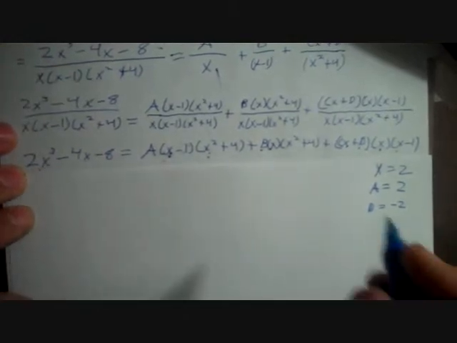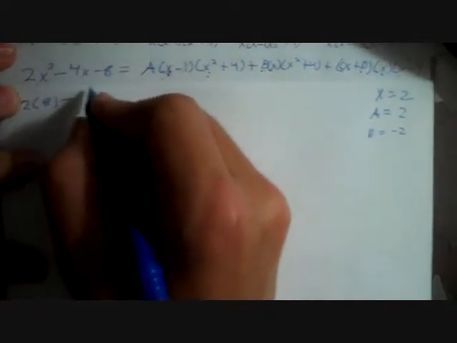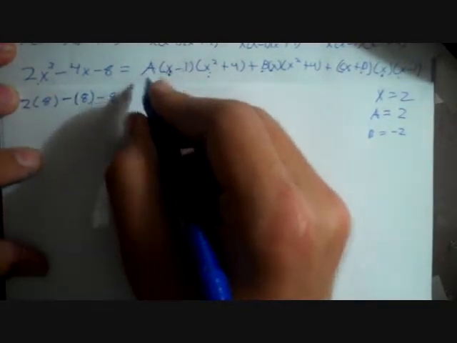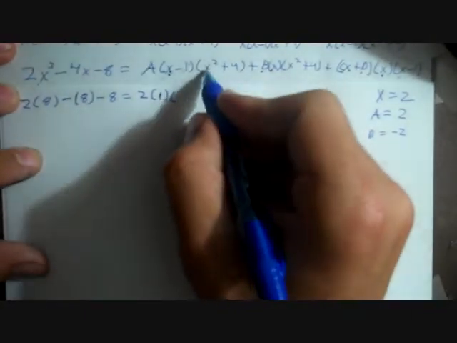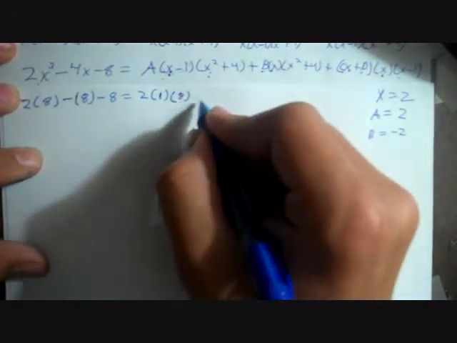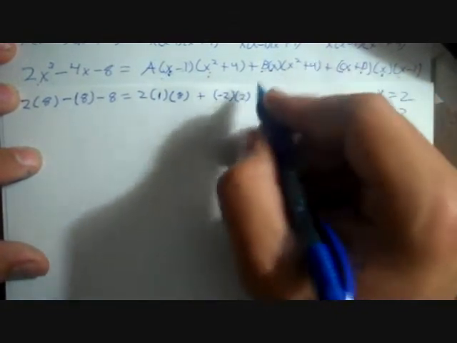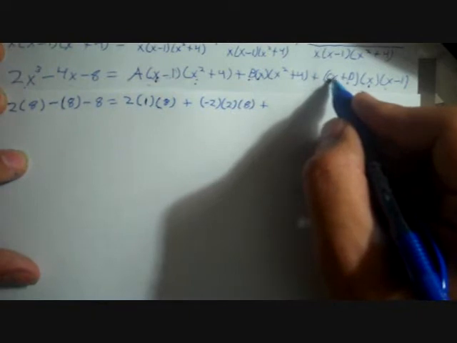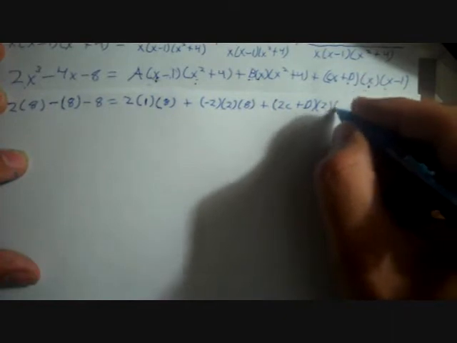So 2x cubed, that'd be 2 times 8, minus 4 times 2, which would be 8, minus 8 equals a, which is 2, times 2 minus 1, which is 1, times 2 squared, which is 4 plus 4, which is 8, plus b, which is -2, times x, which is 2, times x squared plus 4, which is 8, plus cx, so c times 2, that's 2c plus d times 2 times 2 minus 1, which is just 1.